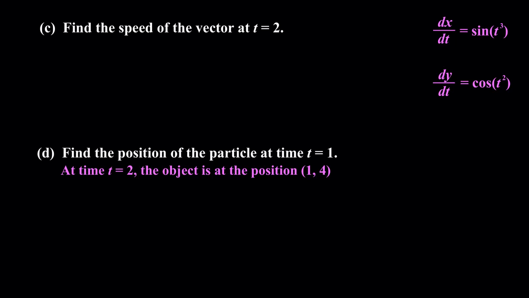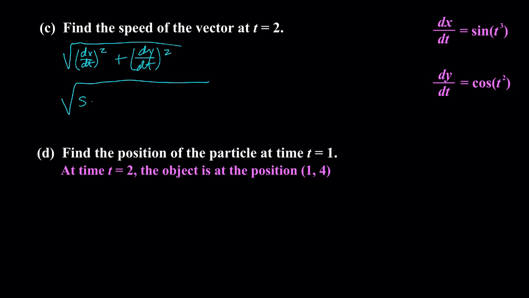We need to recall the speed formula, which is the magnitude of the velocity vector: the square root of dx/dt squared plus dy/dt squared. That gives us the square root of sine squared t cubed plus cosine squared t squared, evaluated when t is 2.